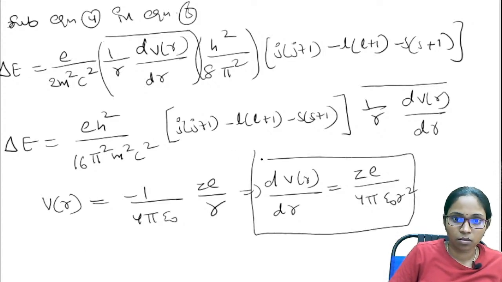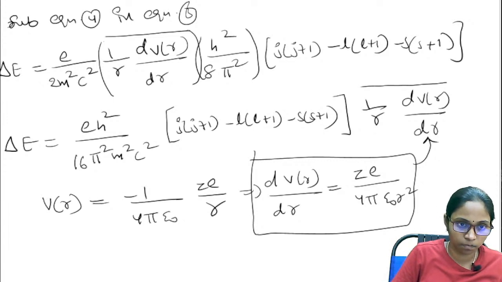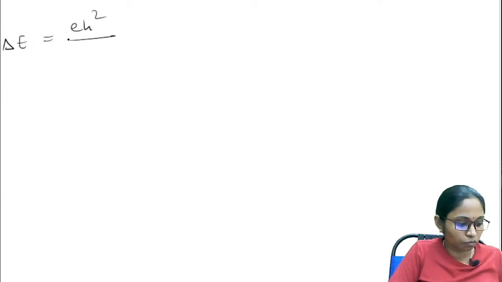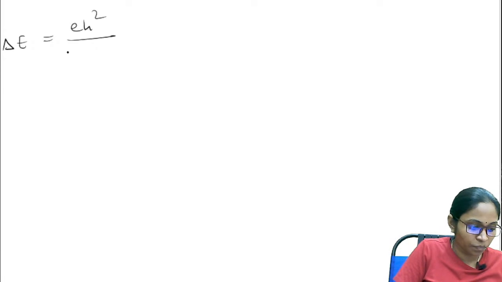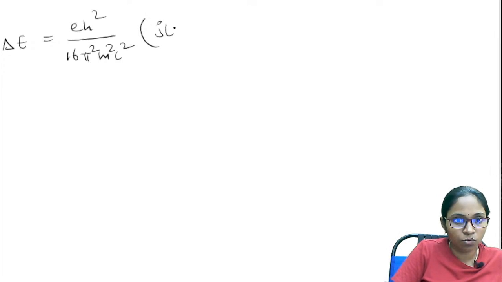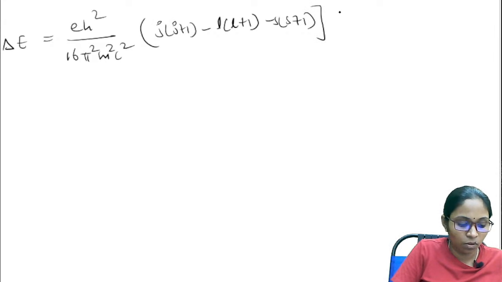Now you just substitute this value in this equation. Therefore, this delta E is equal to e h square by 16 pi square m square c square into j plus 1 minus L into L plus 1 minus S into S plus 1 into this 1 by r, I'm taking the bar, which means average, into 1 by 4 pi epsilon naught Ze by r square.